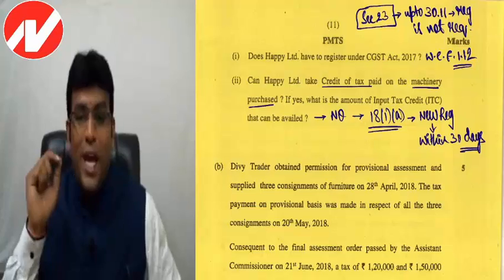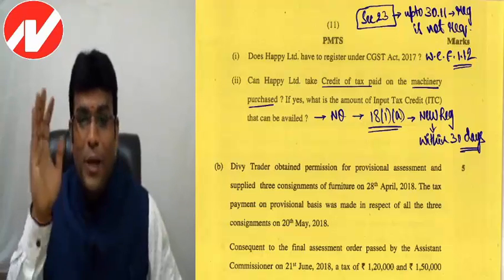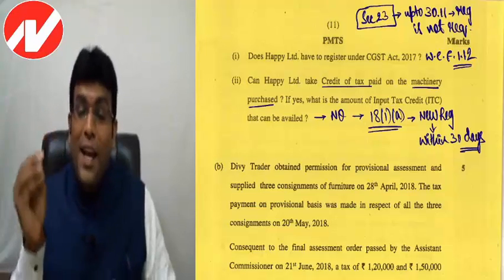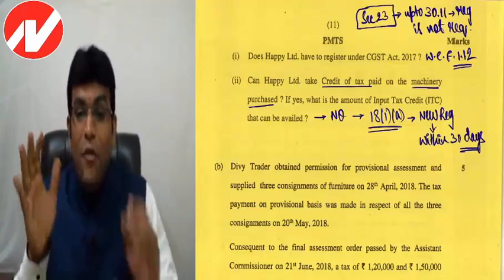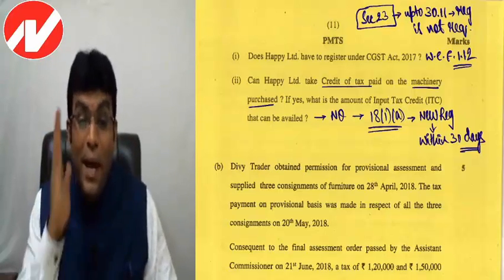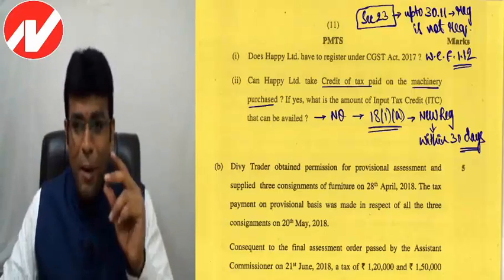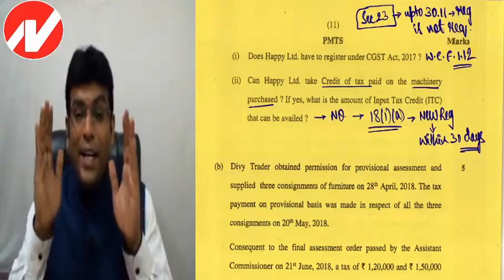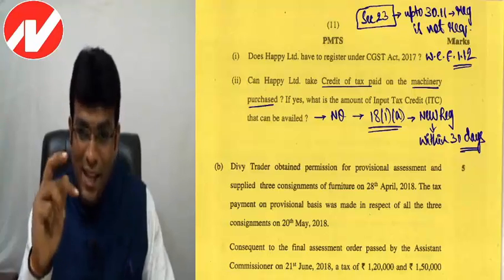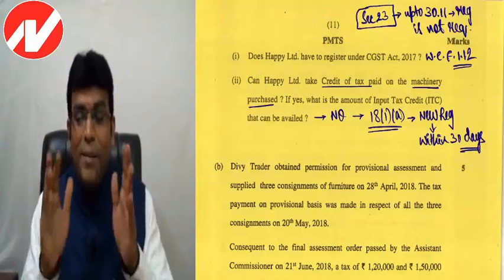I repeat one more time, 18(1)(d) will come into picture when a registered person is engaged in exempt supply, and that exempt supply became taxable supply.